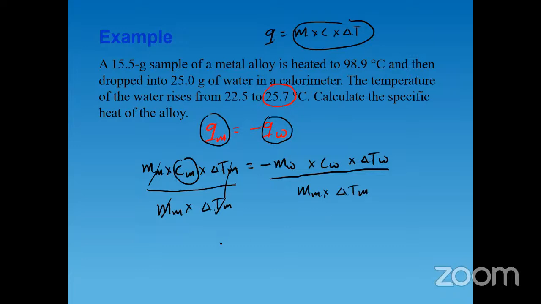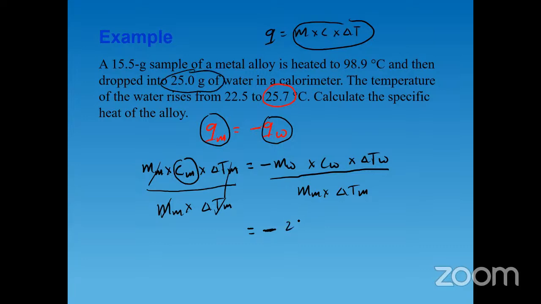So basically, all we have to do from here is plug the different values into this equation based on information provided in the question. We have to be careful and make sure that we put the right numbers in the right places on the right side of this equation. The first thing we're going to input is the mass of the water. What's the mass of the water? 25 grams, right?